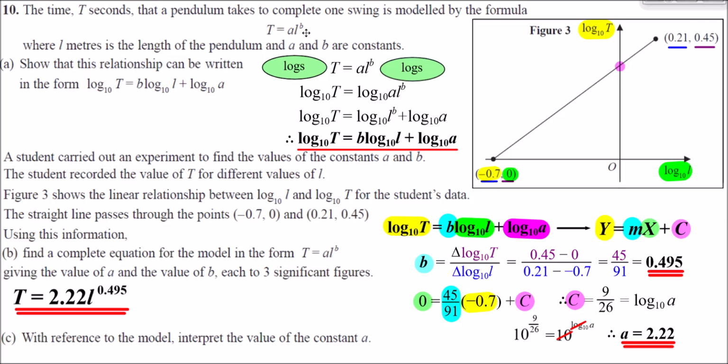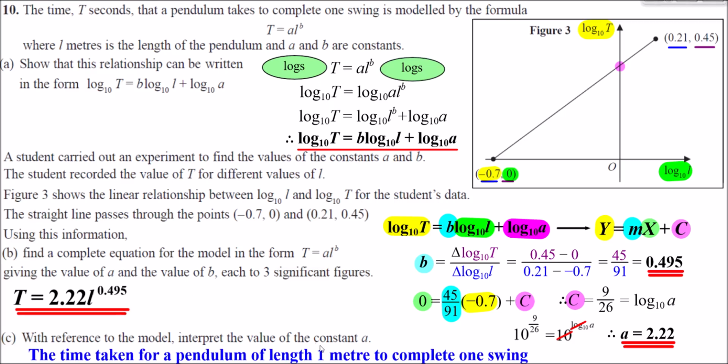And so basically, if we had a string length or whatever it is being held onto it, whether it be a string or thread, whatever the length of it is, if the length is 1, then A tells us the time taken for a swing of length 1 meter. So that's all we need to say for part C. It's just the time taken for a pendulum of length 1 meter to complete one swing.